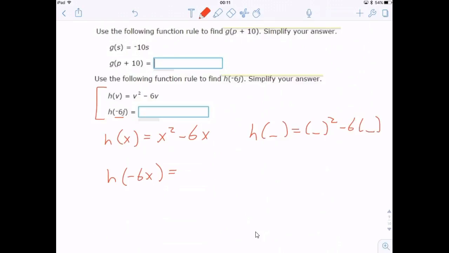And now it's a little bit easier to see that if I write h negative 6x here, that all I need to do is put negative 6x squared minus 6, negative 6x, and all the parentheses are already there ready for PEMDAS. Okay? So this is going to give you a different result than if you don't put parentheses. So the parentheses are really important. Okay? So that's it. You're ready to do the IXL now.